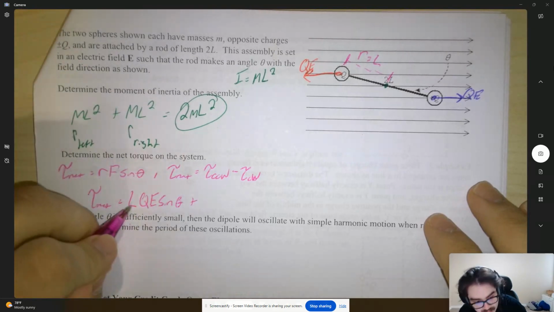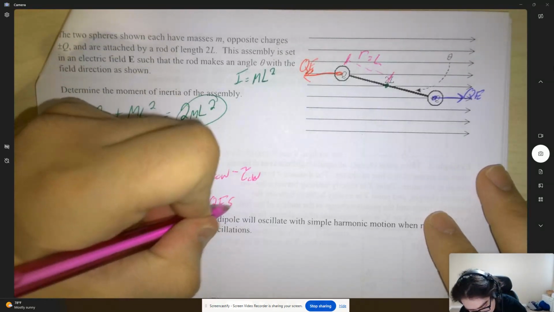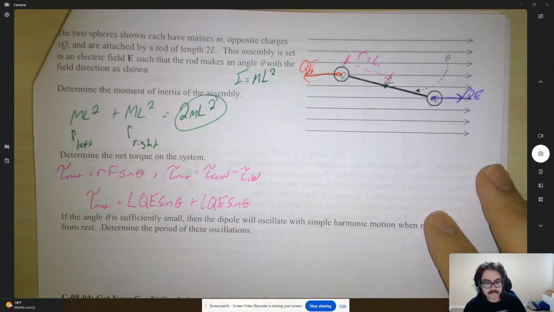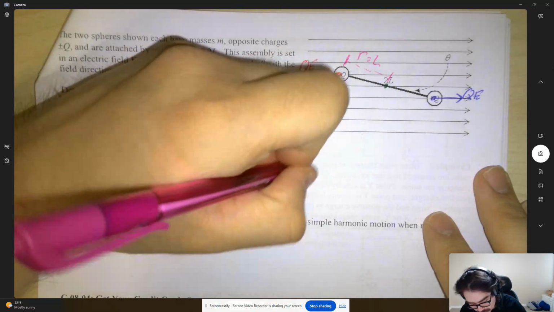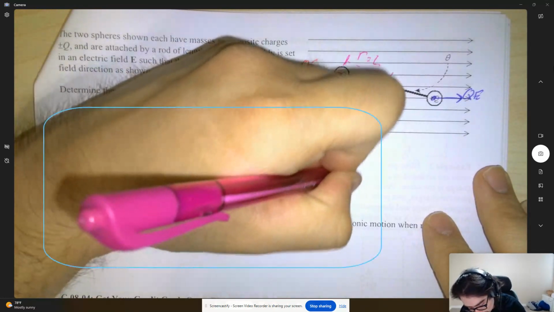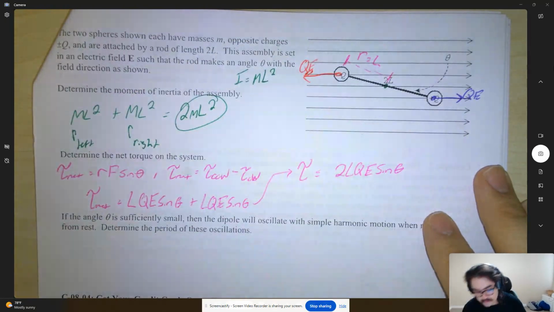So it's actually going to be that plus another L Q E sine theta, and the torque ends up being 2 L Q E sine theta.